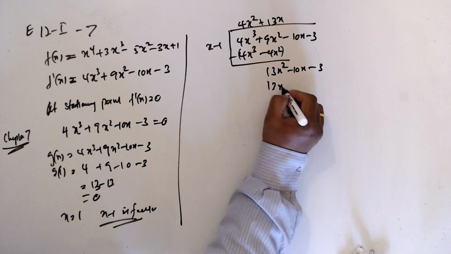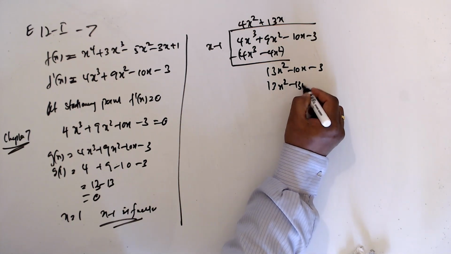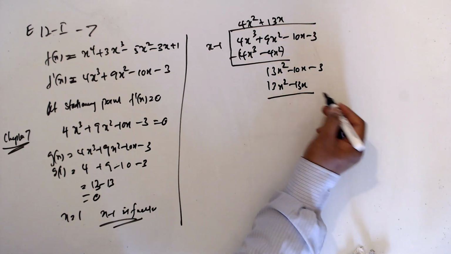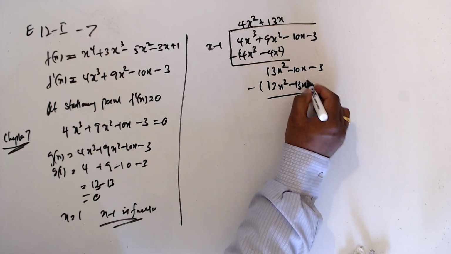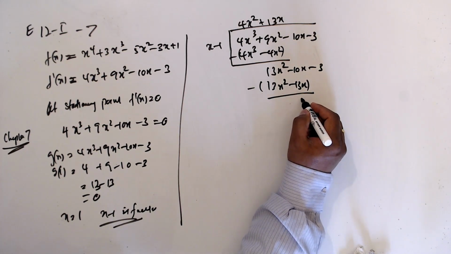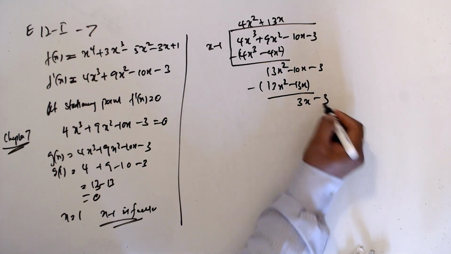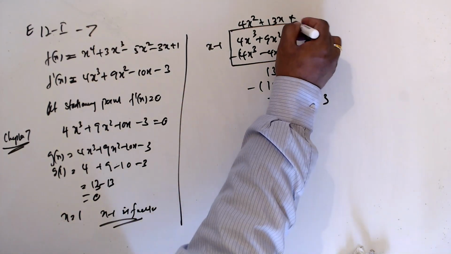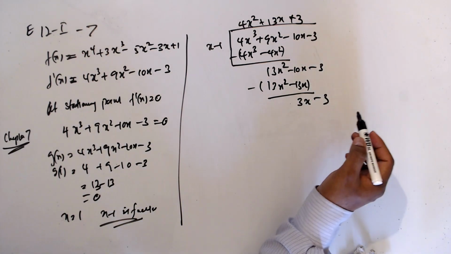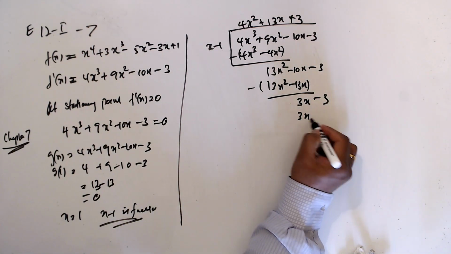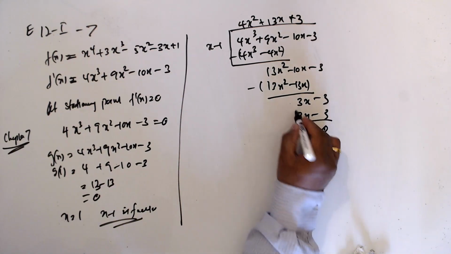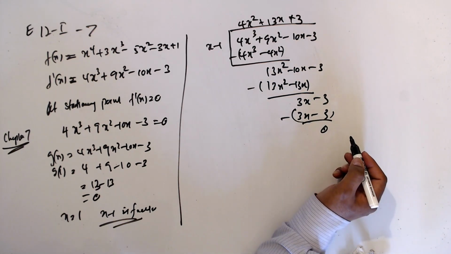So this is 13x squared minus 13x. Then when you subtract, this is going to be 3x minus 3. So then this is going to be plus 3. Then 3x minus 3, when you subtract this one, 0.